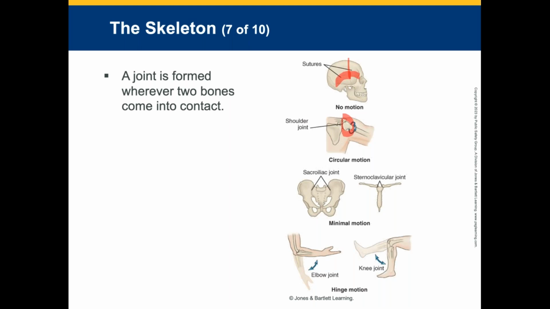We have the sacroiliac joints, which run in the pelvis, and the sternoclavicular joint as well, which have minimal motion. So things that have circular motions are your ball and sockets, okay? Hinge motions, like elbow and knee, would be the hinge joints. And then obviously we talked about the saddle joint and synovial joints in the hands.